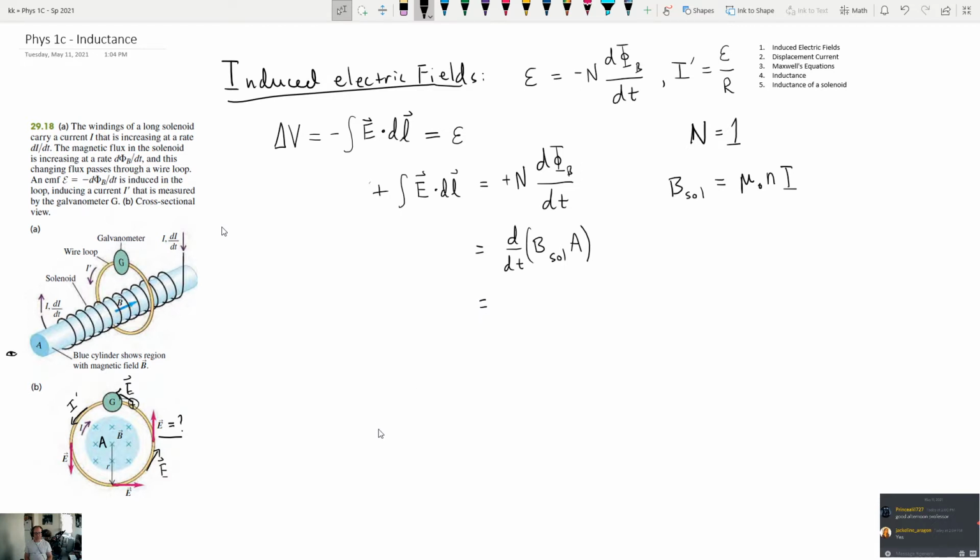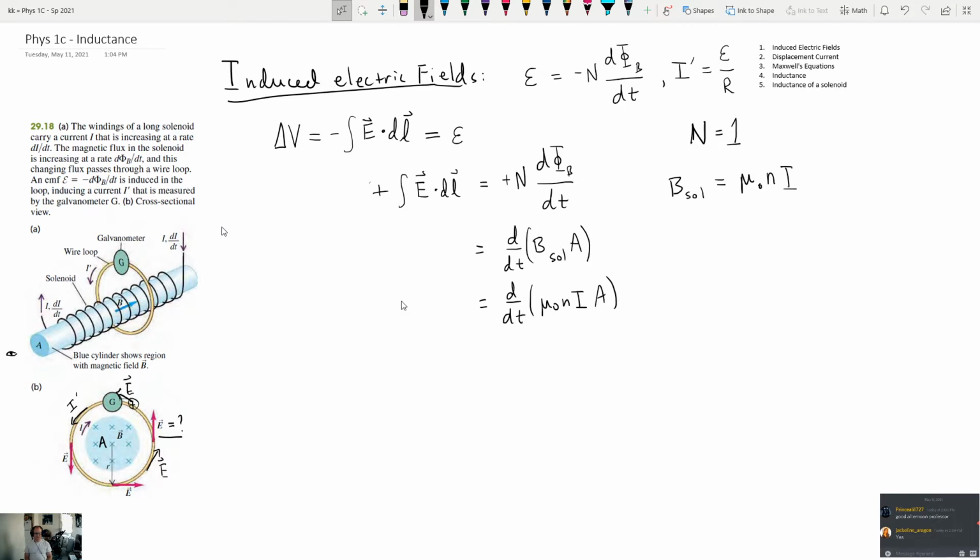I'm not going to skip any steps because this is probably complicated enough as it is. So we put mu naught, little n, I. This is the number of turns per unit length in the solenoid.